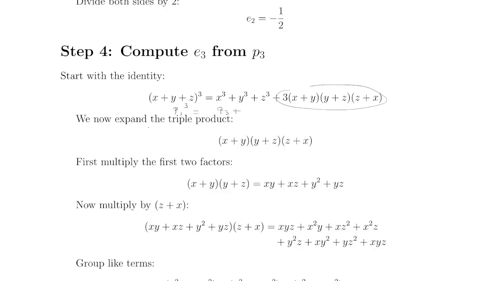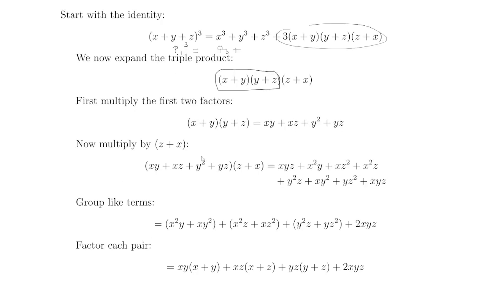So we're going to focus first on multiplying x plus y with y plus z, and then finally we're going to multiply by z plus x. If we multiply x plus y with y plus z, we get xy plus xz plus y squared plus yz. And then multiply by z plus x to get this whole thing right here.